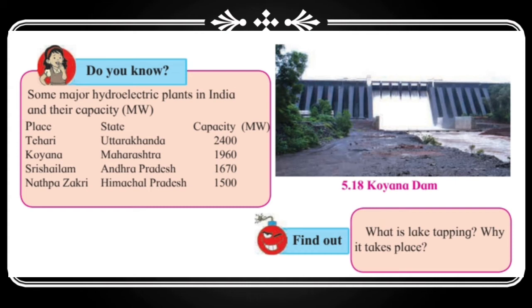Next is Koyna in Maharashtra, which can generate 1960 megawatt. Next is Srisailam in Andhra Pradesh, which generates 1670 megawatt electricity. And next is Nathpa Jhakri in Himachal Pradesh, which has capacity to generate 1500 megawatt electricity.